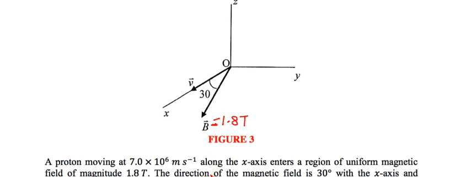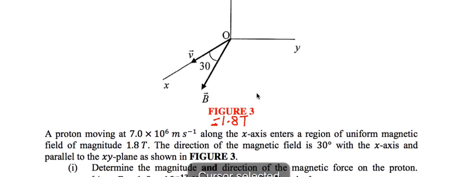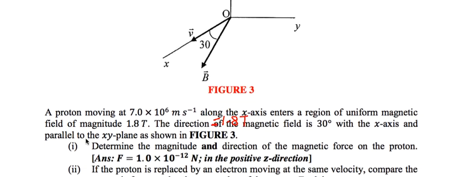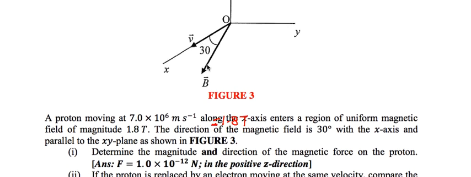The direction of the magnetic field is 30 degrees with the x-axis, meaning the angle between the x-axis and the B field is 30 degrees, and parallel to the xy plane as shown in the figure, so the same plane here.